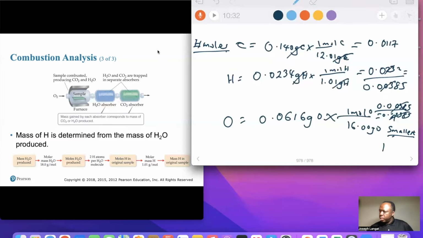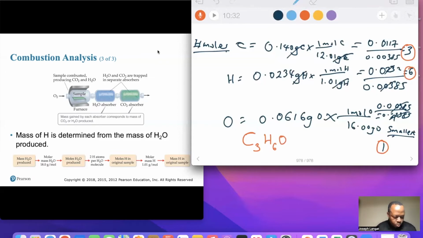And then divide here by 0.00385, and we are left with 3. So these are the numbers here: 3, 6, and 1. If I write the empirical formula, this will be C3H6O.